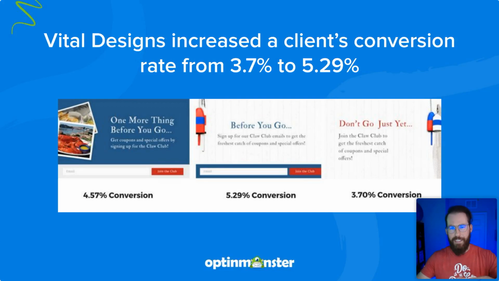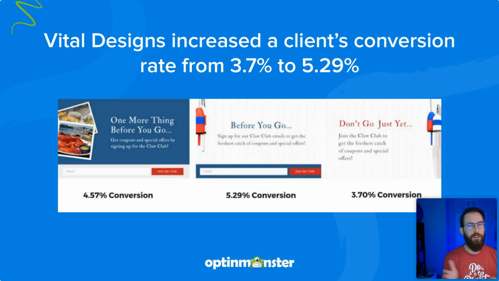So they started split testing, and then they iterated to what you see on the left. And then finally, they continued to iterate and split test, and ultimately they landed with what you see in the middle here. So it went from a 3.7% conversion rate. Eventually, they got it to a 4.57 in that process as they tested one little piece at a time. And then they were able to keep testing, and eventually they land at this 5.29% conversion rate.